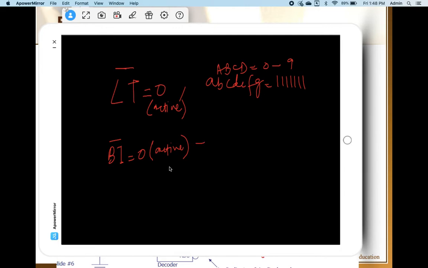So if blanking input is enabled, then whatever is the input, it will be blanked out. Nothing will be displayed. Okay. So hopefully it is clear to you what the difference is between these different concepts.